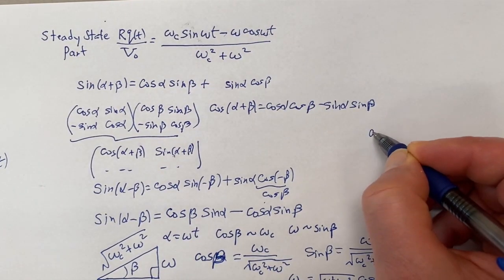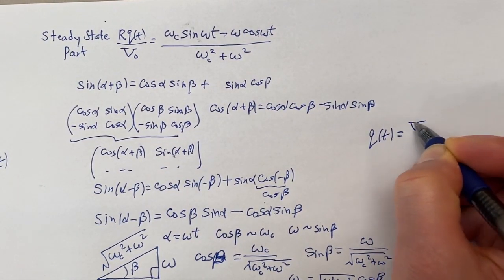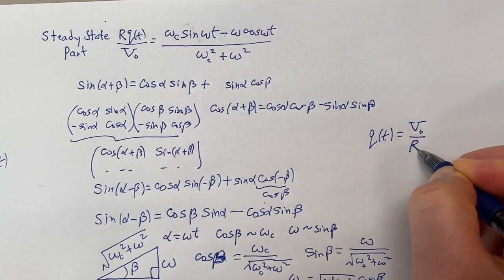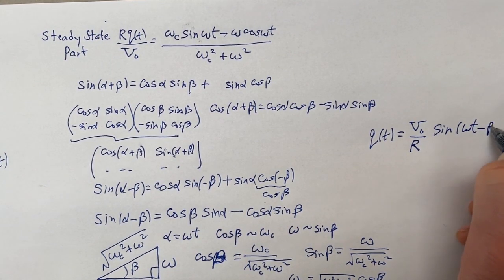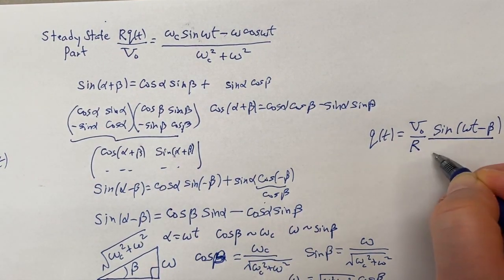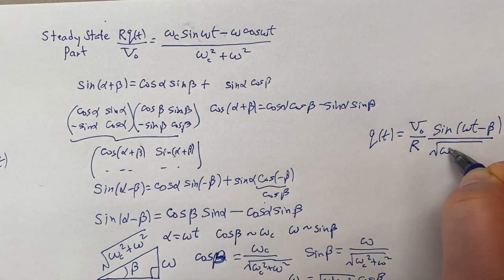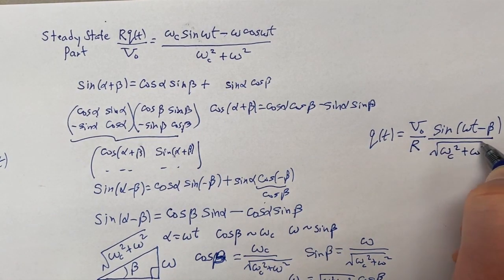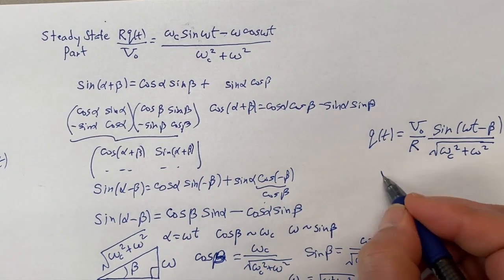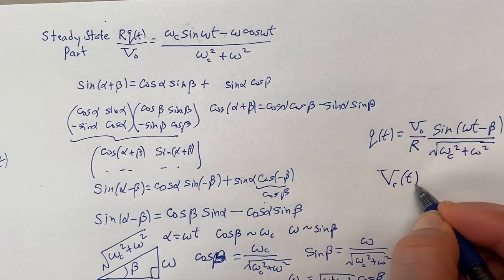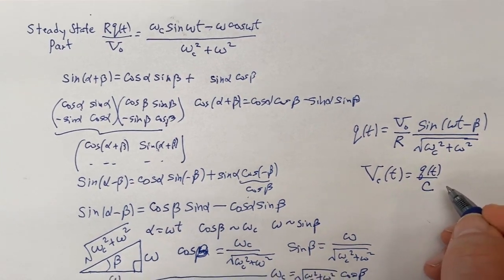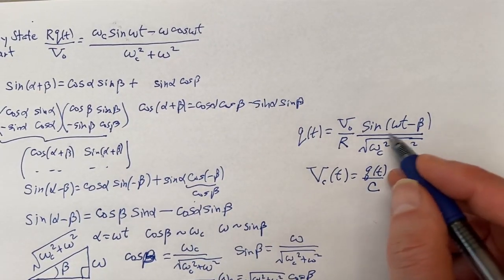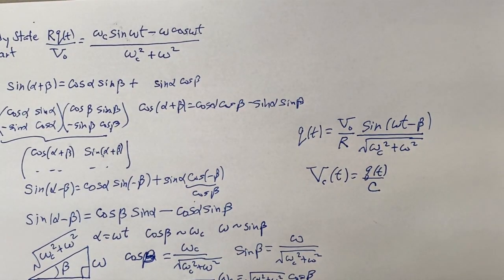So that gives us a nice tidy formula. The tidy formula is, if we bring the V naught and the R over to the right-hand side, Q of t is then sine of omega t minus beta over the square root of omega c squared plus omega squared. And the voltage across the capacitor is Q of t over the capacitance, C. So that's the same trigonometric function in phase.